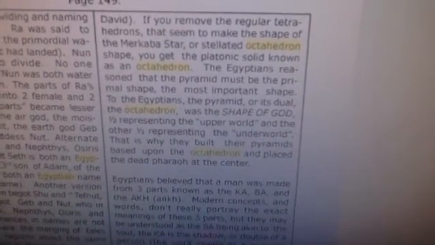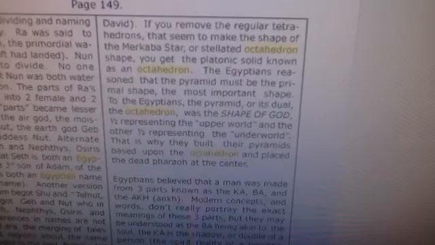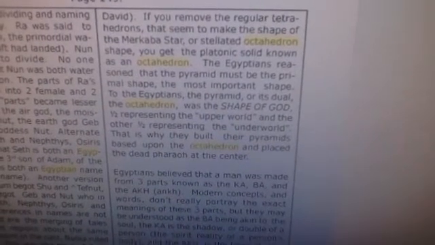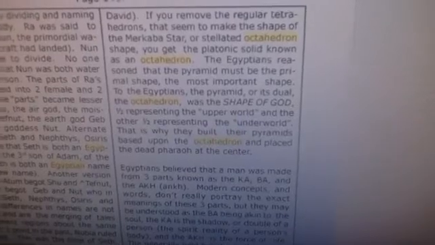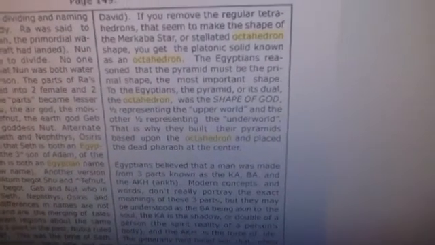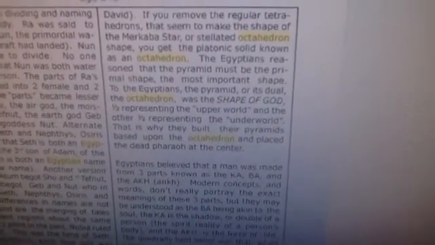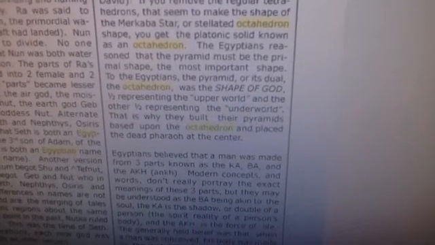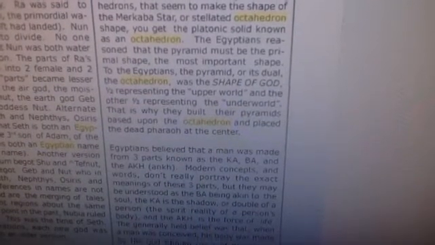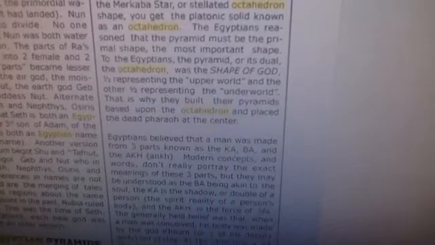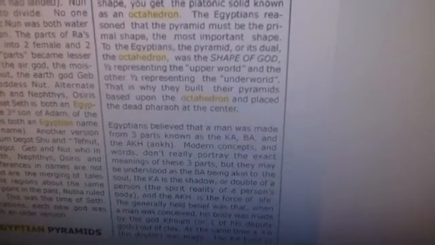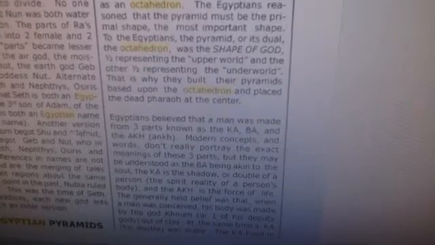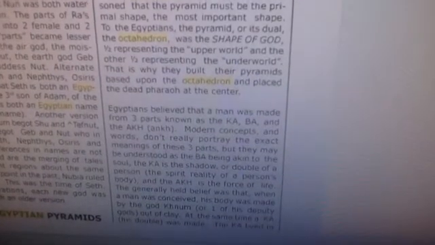To the Egyptians, the pyramid, or its dual, the octahedron, was the shape of God, half representing the upper world and the other half representing the underworld. This is why they built their pyramids based upon the octahedron and placed the dead pharaoh at the center.